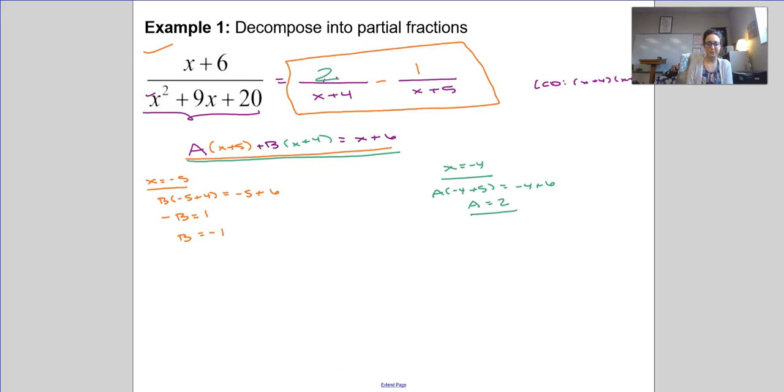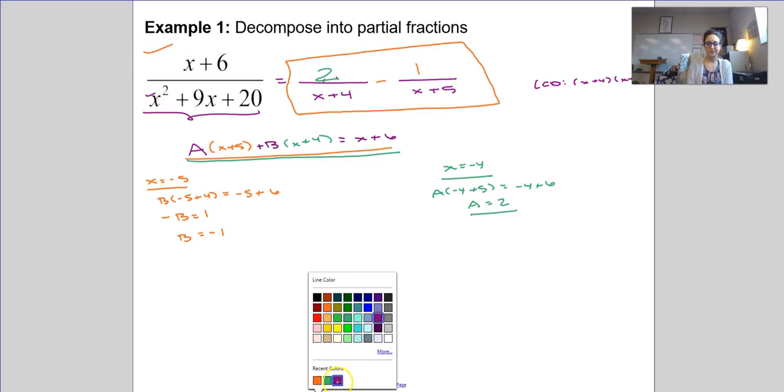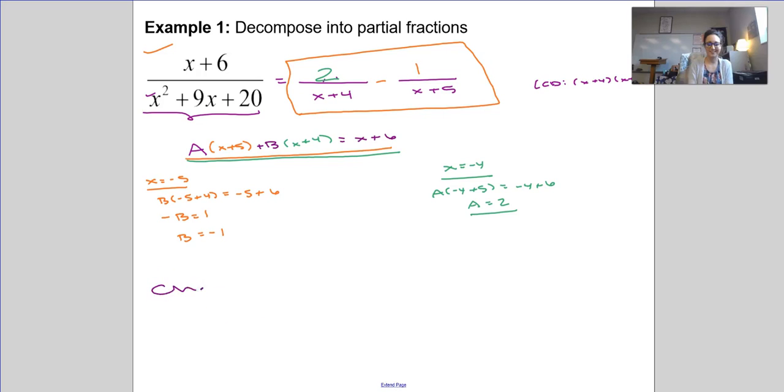Okay, why don't we double check? Just this one time here, let's check our answer. If I were to combine these fractions, my common denominator is x plus 4 times x plus 5. This fraction with the 2 is missing the x plus 5. Minus 1, this fraction is missing the x plus 4.